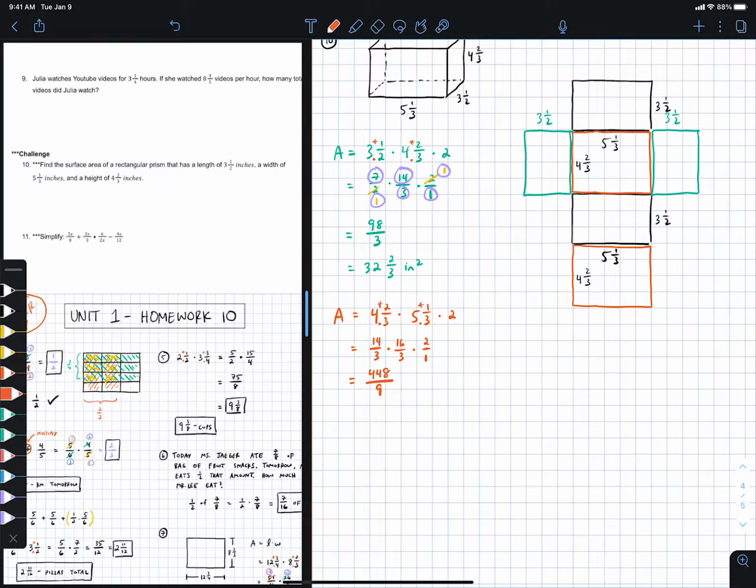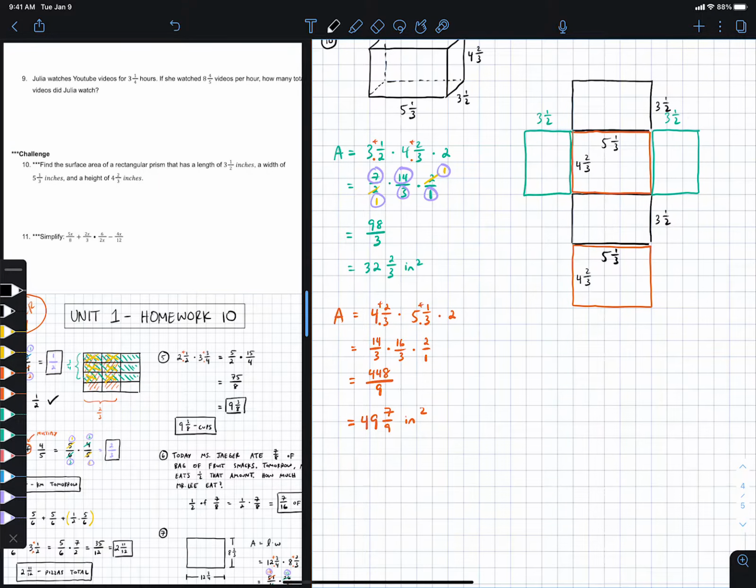Turning this into a mixed number, 9 times 50 is 450, so this has got to be 49 with 7 left over. So 49 and 7/9 inches squared. That would be the area of the two orange pieces.